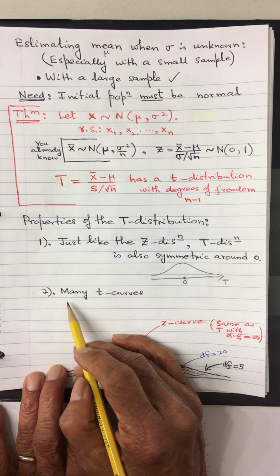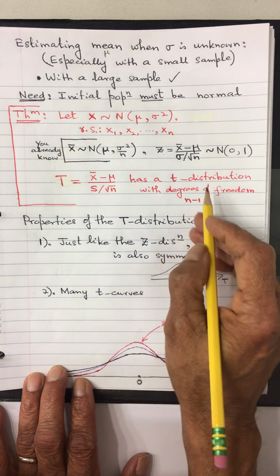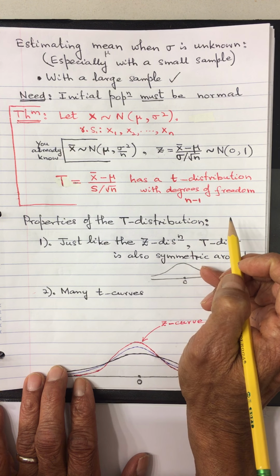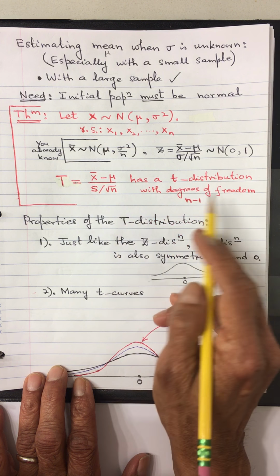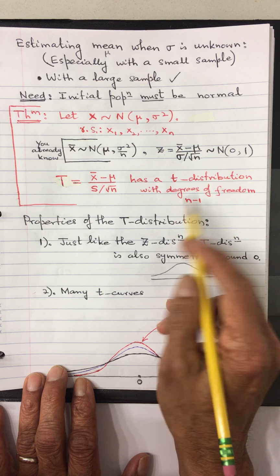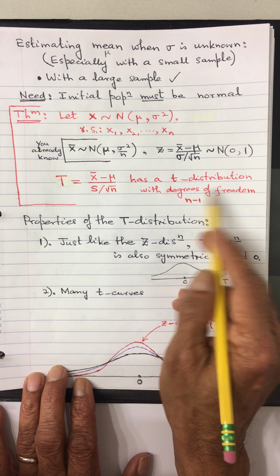The second property: there are many t distributions that depend on the degrees of freedom. You are going to get different t distributions depending on the sample size, in other words n minus 1, the degrees of freedom.